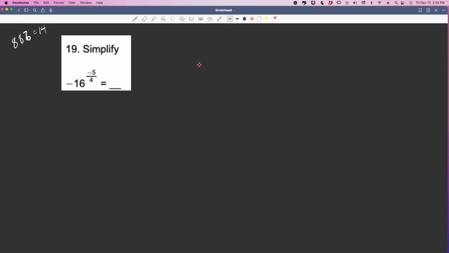So we're going to put the index. This is a negative. We got an index of 4. And then we've got 16 to the negative 5. Right? So it's going to be negative 4th root of 1 over 16 to the 5th power.